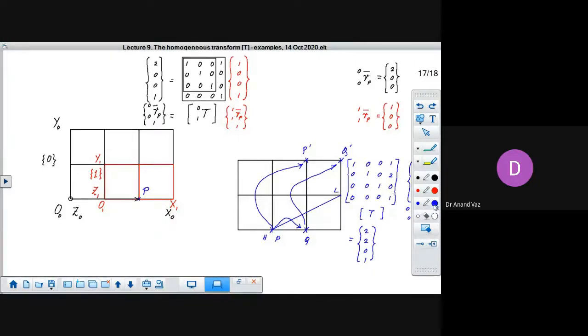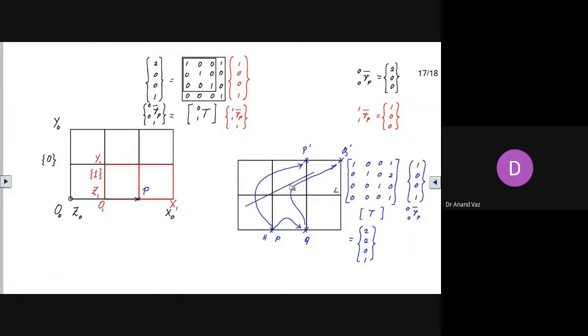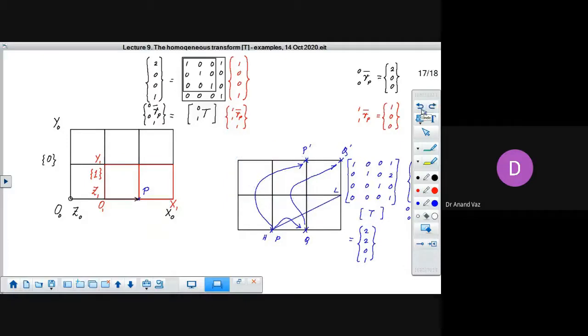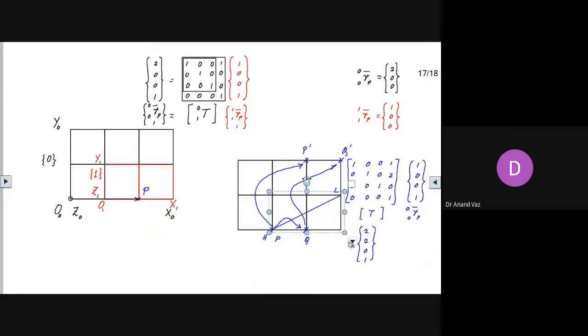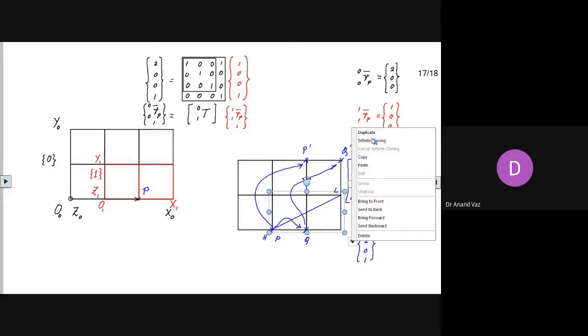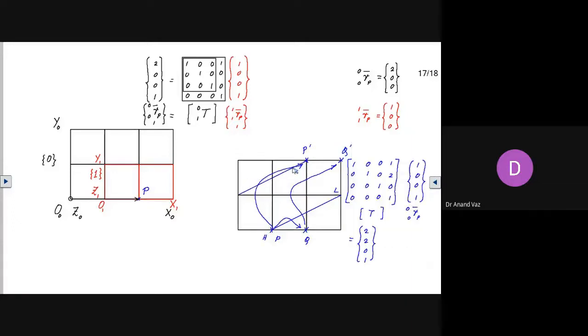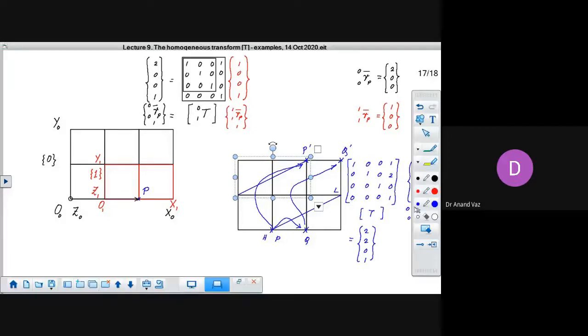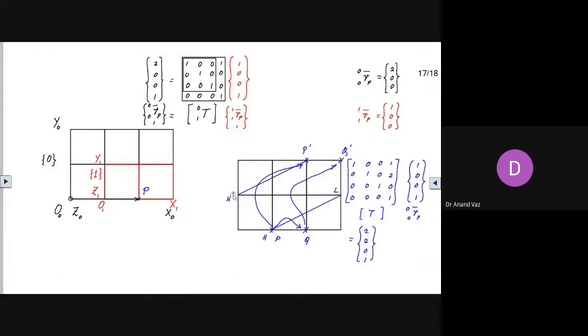Say, for example, in this particular example, if we wish to translate this vector from here, from HL, we just wish to bring it to here, this location. Oh, I'm sorry. Let's shift it here. Okay, so now we have got the new location as H dash L dash.